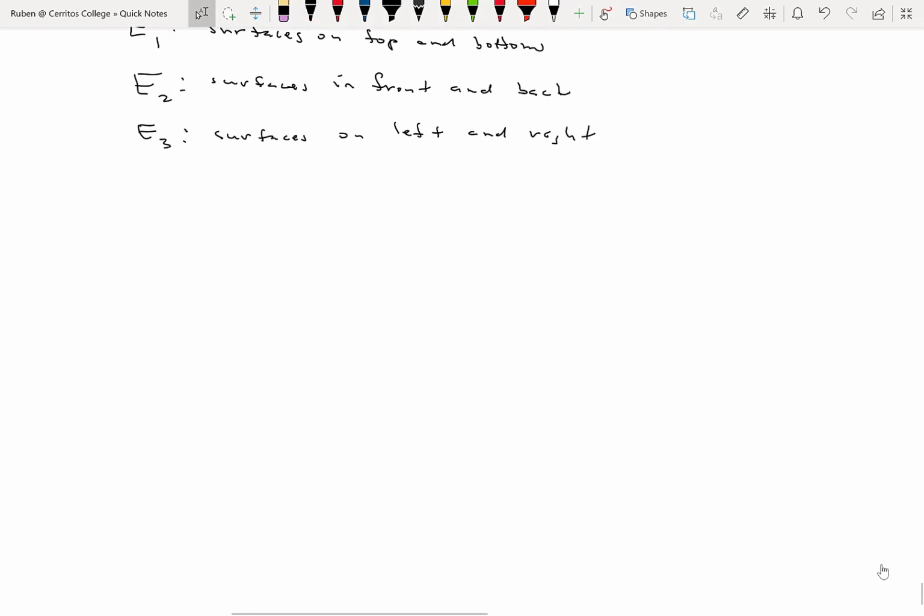Let's take a look much more carefully at a type 1 region. A type 1 region is one that looks like this.